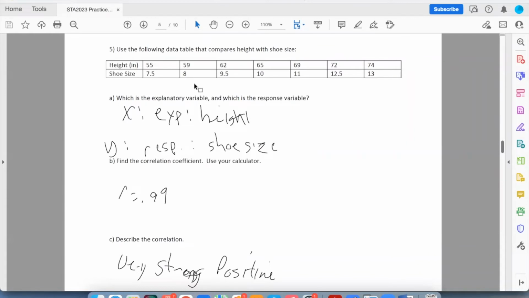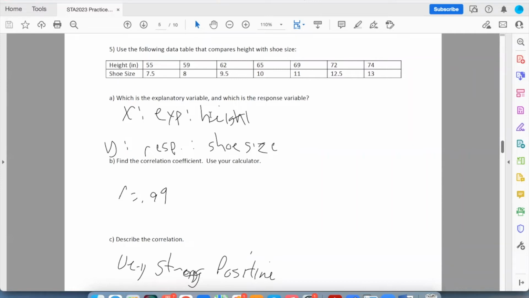Okay, so our explanatory variable is our X value. We think it might explain our response variable Y. So would height influence shoe size, or would shoe size influence height? If one's going to explain the other, it makes more sense that your shoe size would depend on your height.